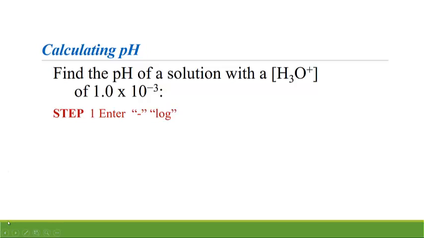Okay, and the way you're going to do this on your calculator, if you have one of the TI versions, this is pretty much how we're going to work through it. If you have a different one and you can't figure it out, come see me. So first thing you want to do on your calculator is hit negative and then your log. Generally on the TI, it's going to be on your left-hand side.